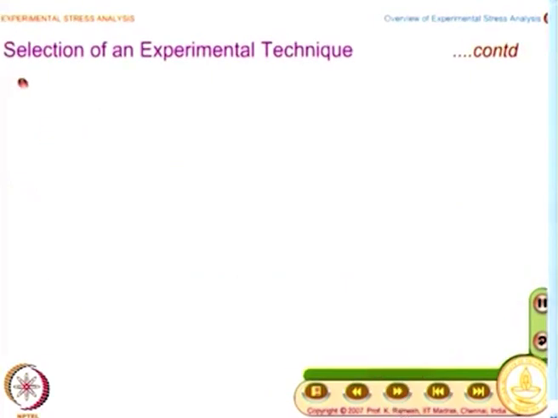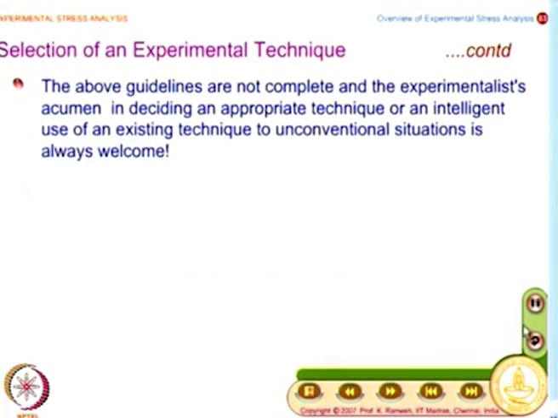Then what you have to keep in mind is that the guidelines that we have discussed so far are not complete, and the experimentalist's acumen in deciding an appropriate technique is very much essential, and intelligent use of an existing technique for unconventional situations is always welcome.